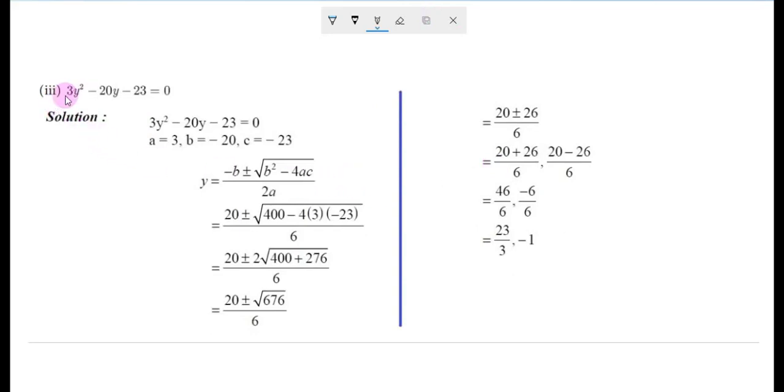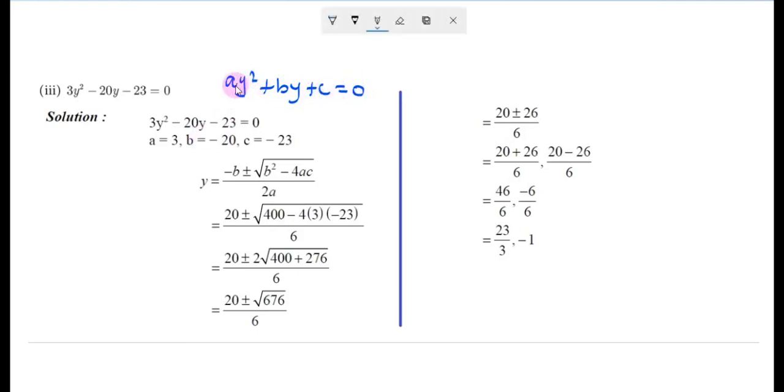Okay, now subdivision 3. 3y square minus 20y minus 23 equal to 0. I told you already, they may ask x square, y square, z square, any alphabetical term they may use. So here they use y square. So just compare with ay square plus by plus c equal to 0. Just compare.